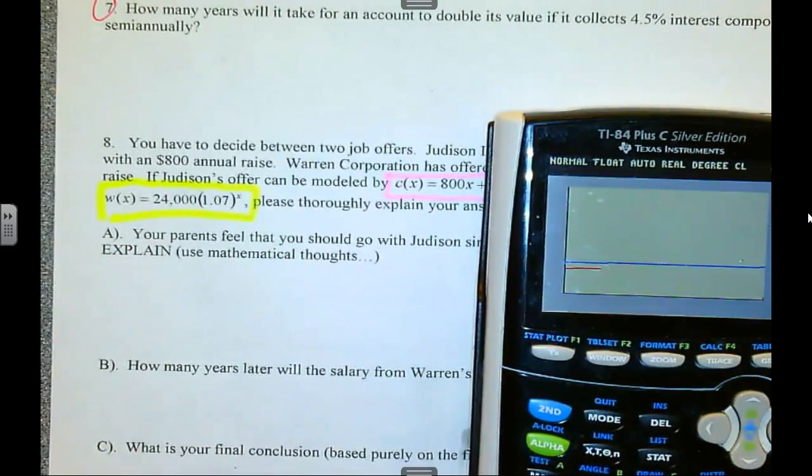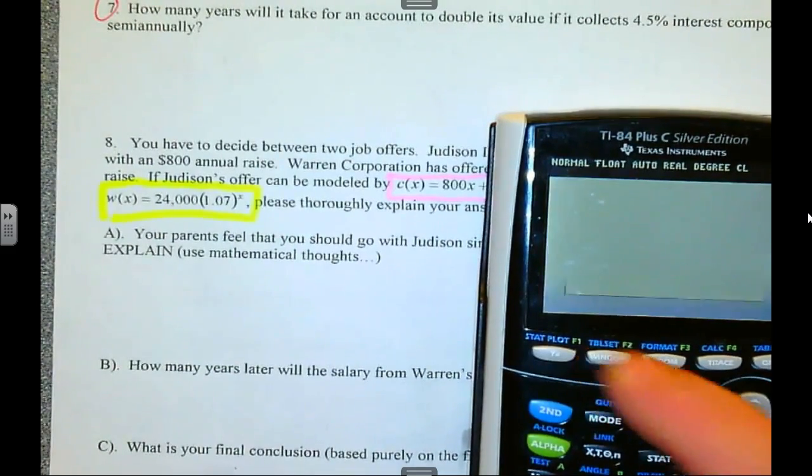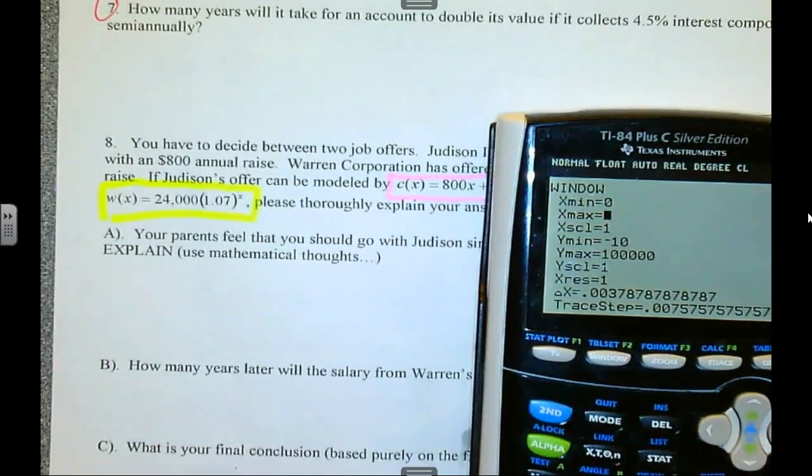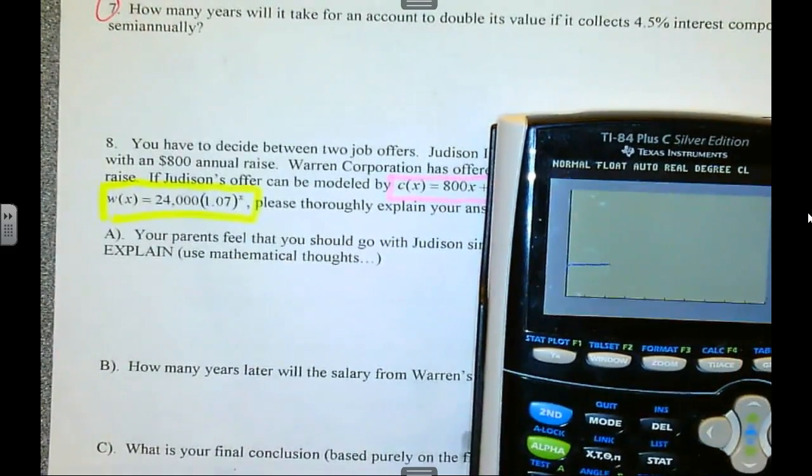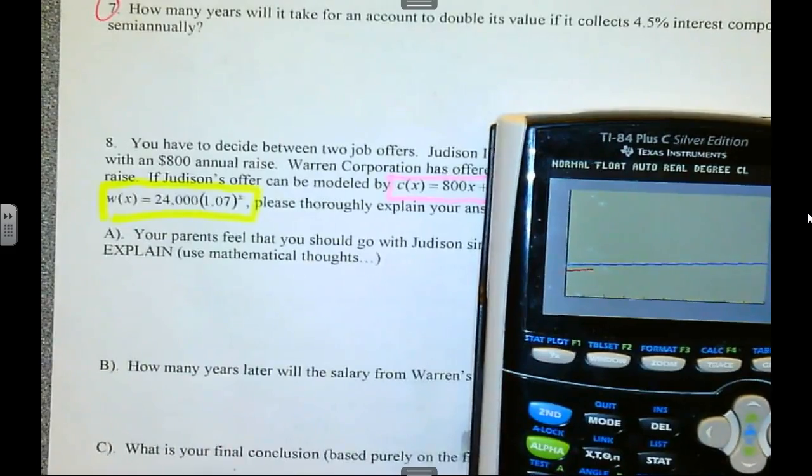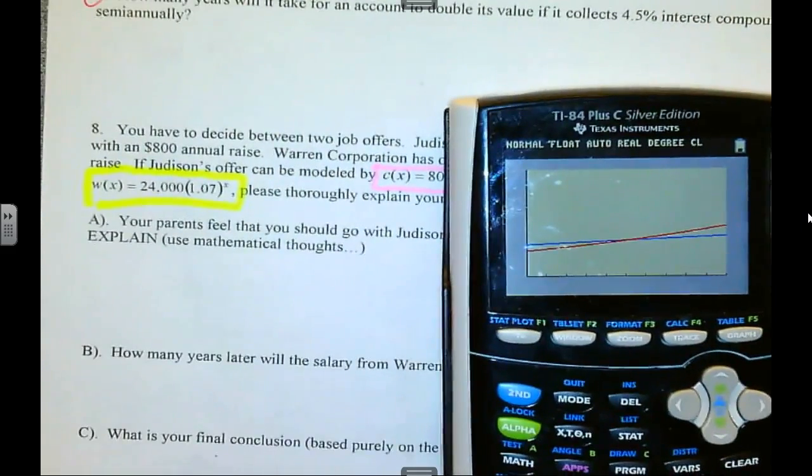Ooh, look at that. I changed my x to 1. Huh. Maybe I'll change my x a little bit more. Put it back to 10. Hit graph. Oh, look at that. I get an intersection. That is beautiful. Wow.